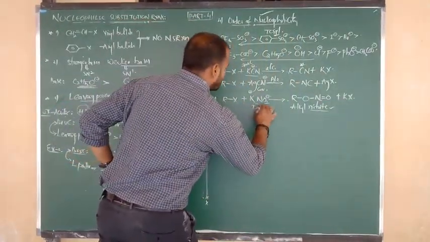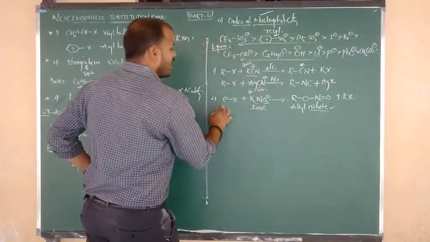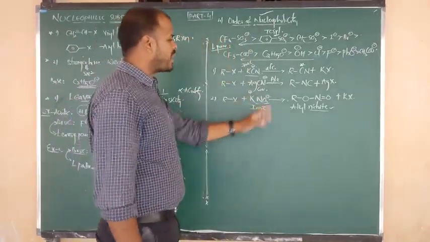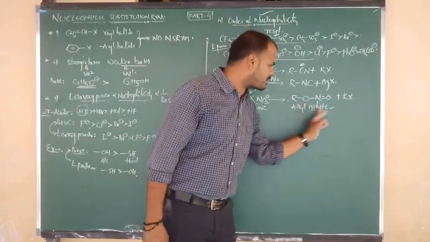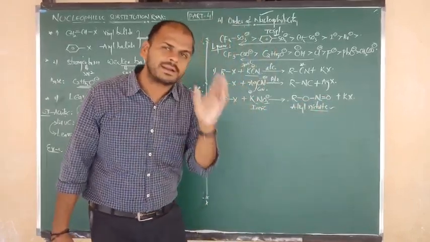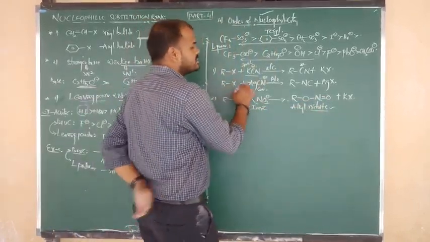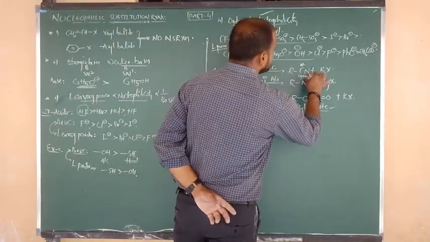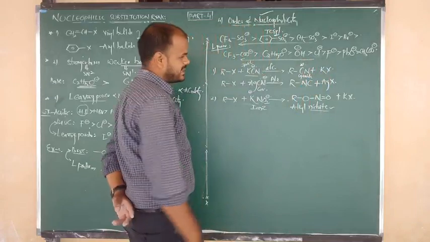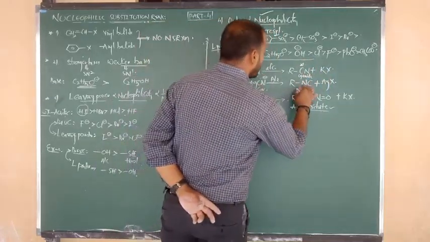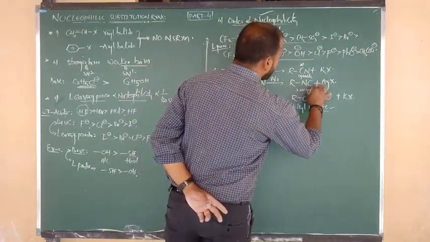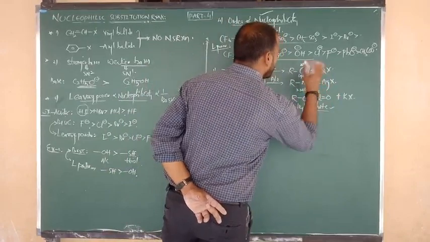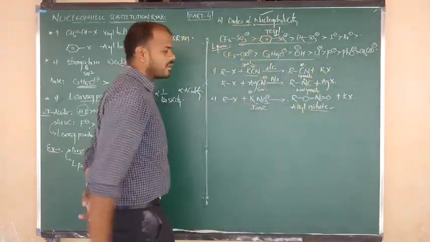So what is the nature of potassium nitrite? Ionic nature. Alkyl halides on reaction with potassium nitrite form alkyl nitrite. Alkyl halides on reaction with KCN give alkyl cyanide because of connecting through C. In case of AgCN, the product is alkyl isocyanide because of connecting through N.